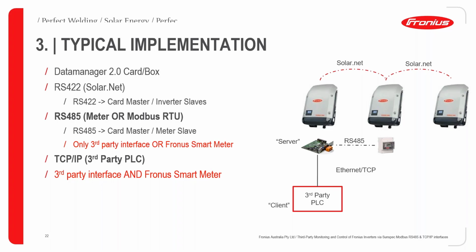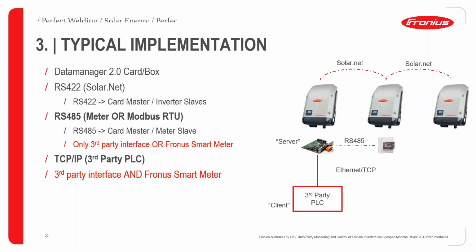But the key point to take away there is that SolNet is only used internally for our inverters. In a way, the data manager card is your access point. It can interface to a third-party PLC, controller, or logger. In this case, it is shown over Ethernet, in which case you could use the RS485 channel to use a Fronius smart meter and monitor consumption.